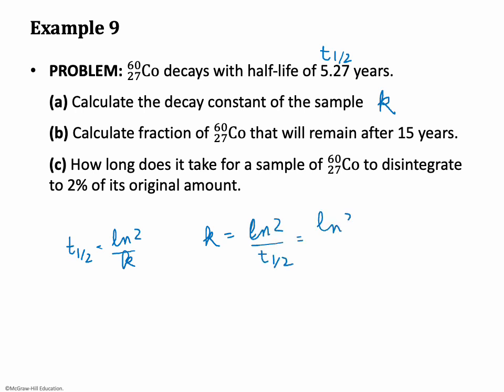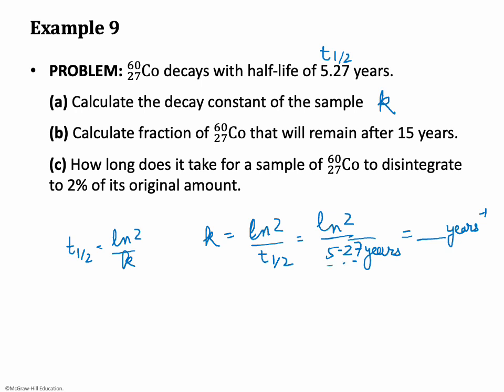So we just take ln2, plug it over 5.27 years, and plug it into your calculator, and you get your answer in inverse years. Whatever number it gives you, give it to 3 sig figs, so that should also be similar.